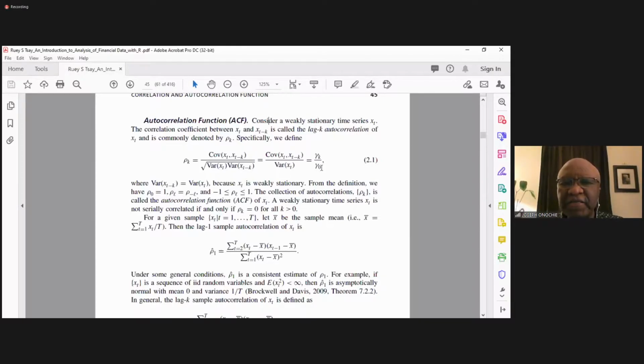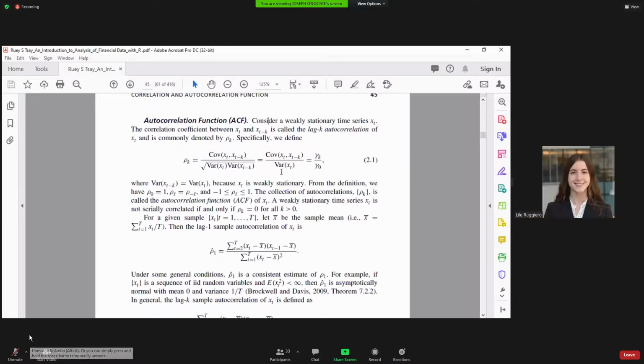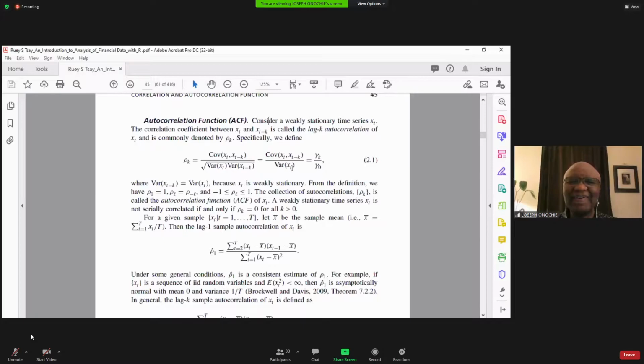When the lag is 0, what is gamma? Variance, yes? Yes. Okay. What is covariance of x of t with x of t minus 0? That's x of t and x of t.